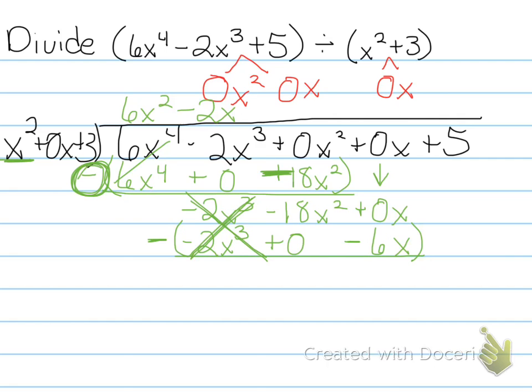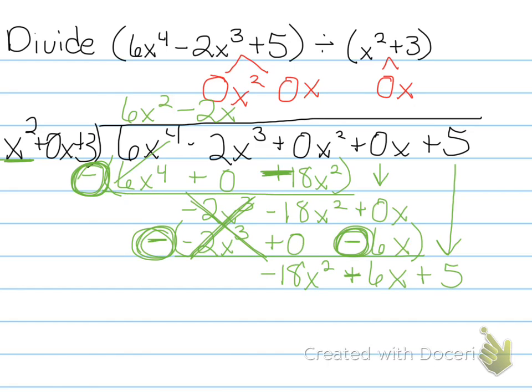That's what I wanted. Negative 18x squared minus 0 is still negative 18x squared. And then 0x minus a negative actually means that I am adding that negative 6, so that makes it a positive. That's a plus 6x. Then, last but not least, bring down that plus 5.